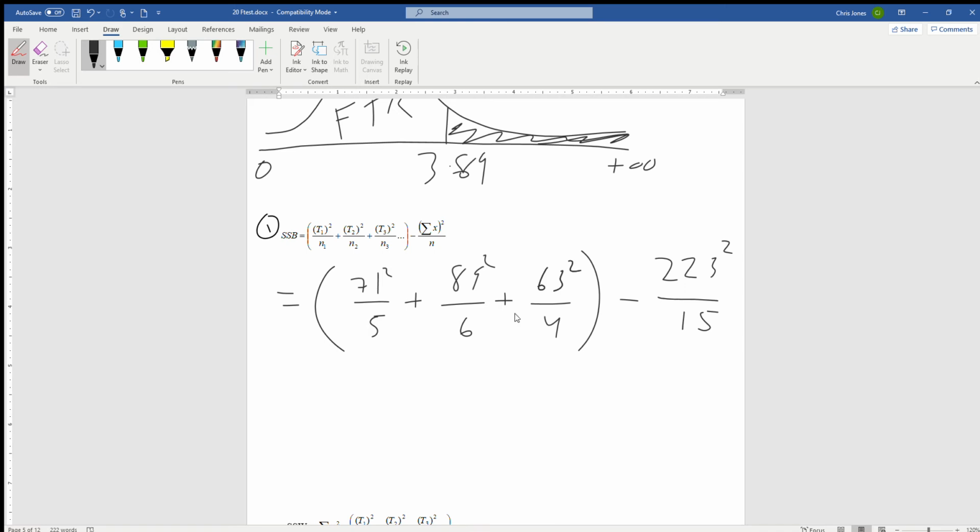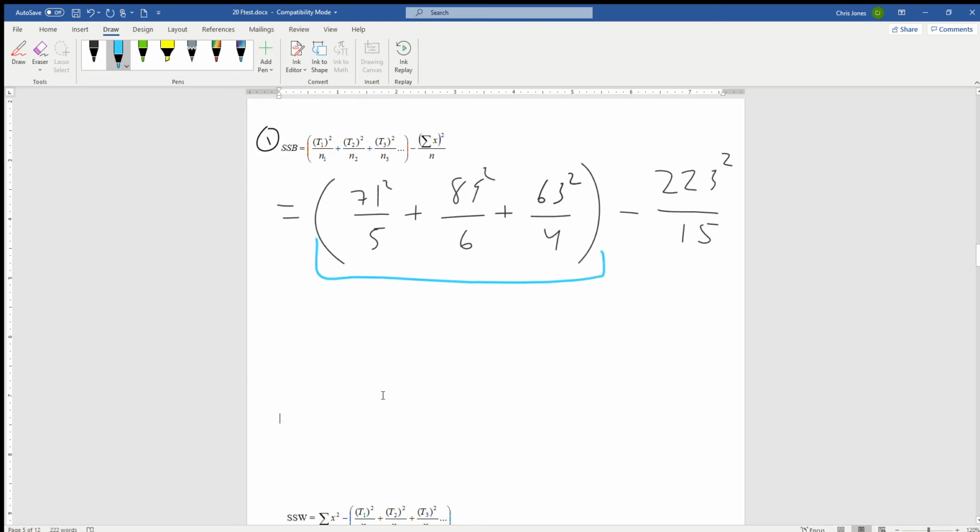We're going to compute the first part individually in our calculator, and I'll show you why in a few moments. So we do 71 squared over 5 plus 89 squared over 6 plus 63 squared over 4.